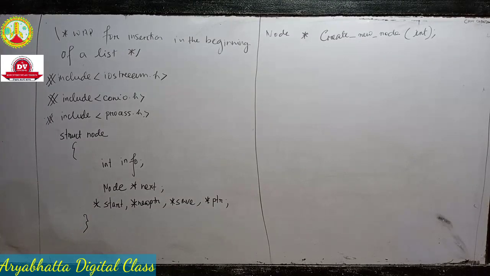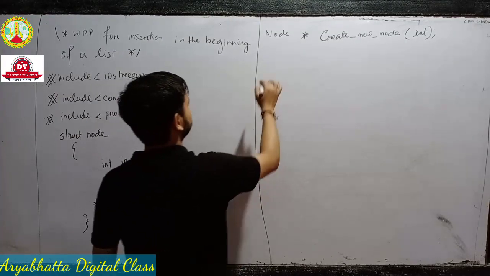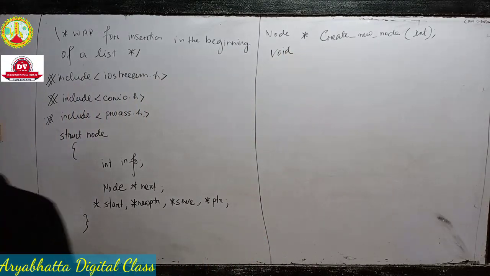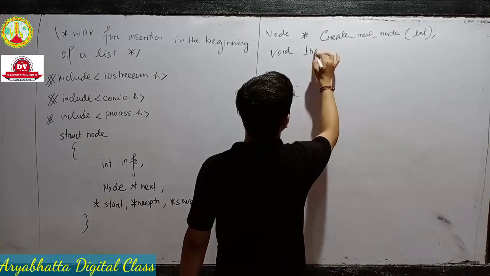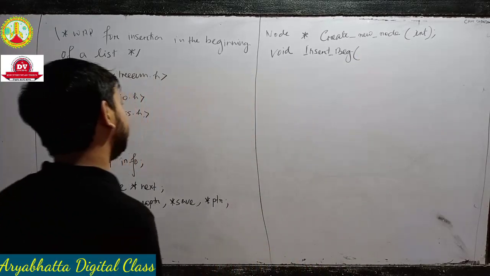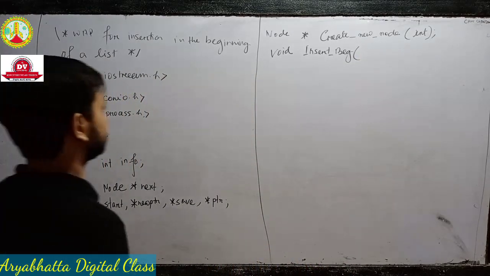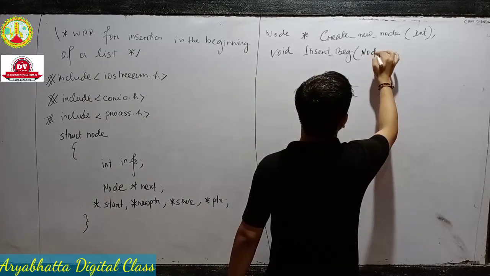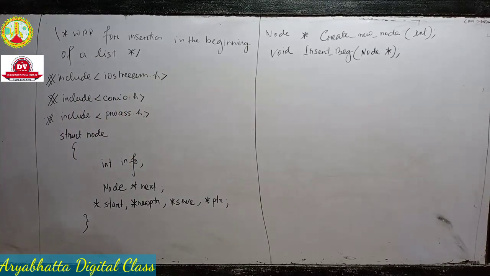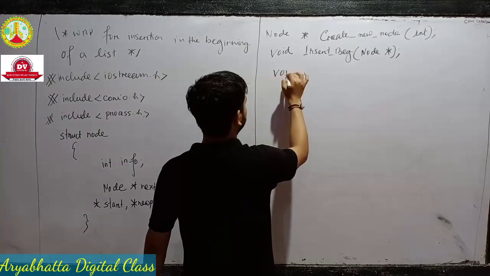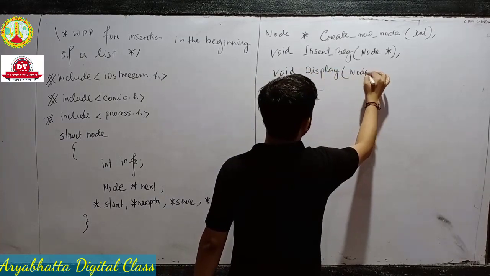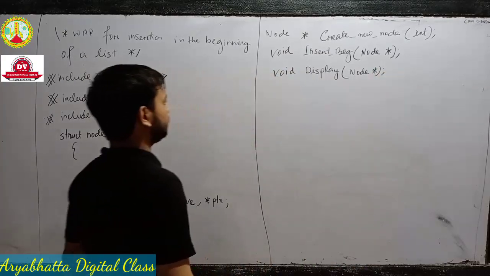Then void insert_beginning, this is a function declaration, meaning insert at the beginning of the list. And after that void display node, this is the output function.